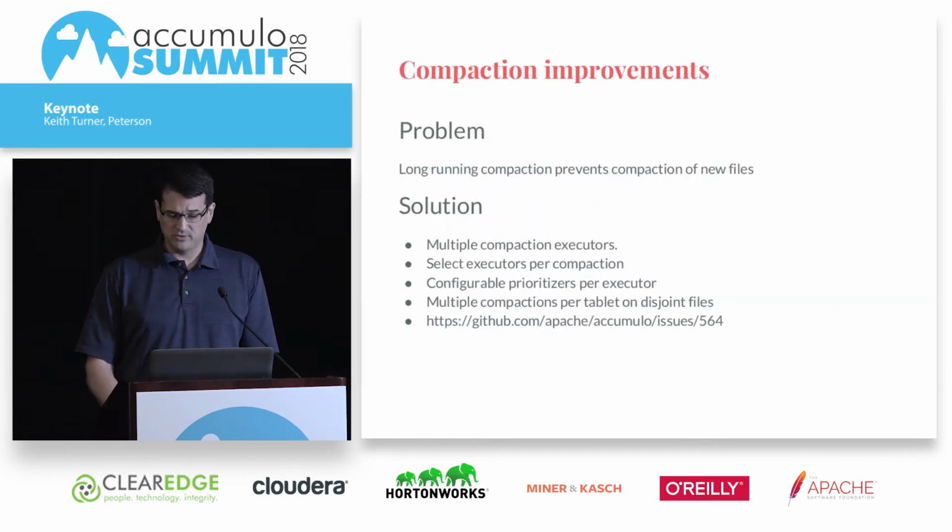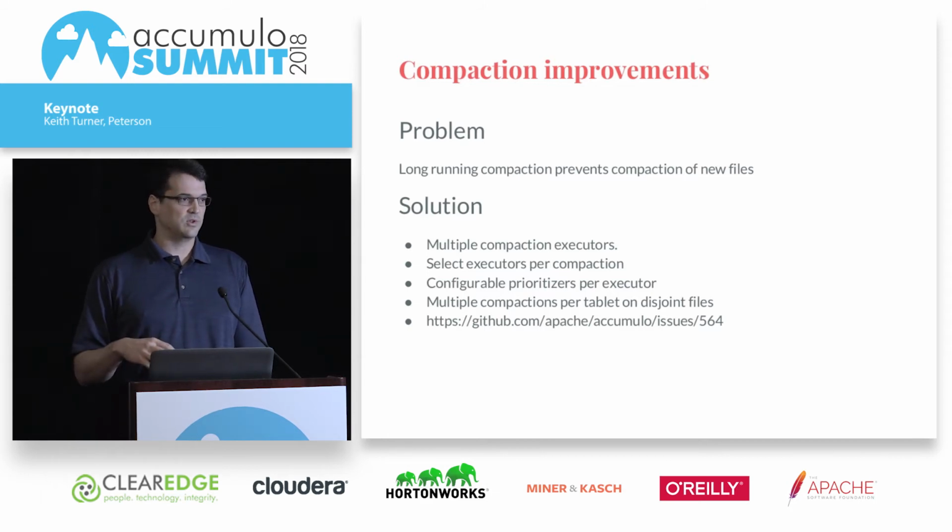This is something I'd hoped to do for 2.0, but I didn't get to it. I would like to do something similar to what I did with the scan executors for compactions, to basically solve this problem that long-running compactions can prevent compactions of new files for tablets.